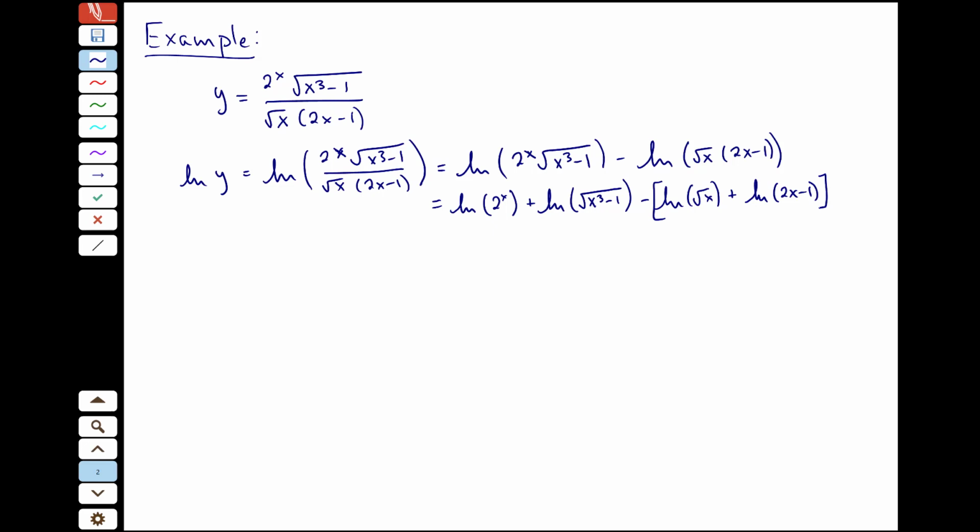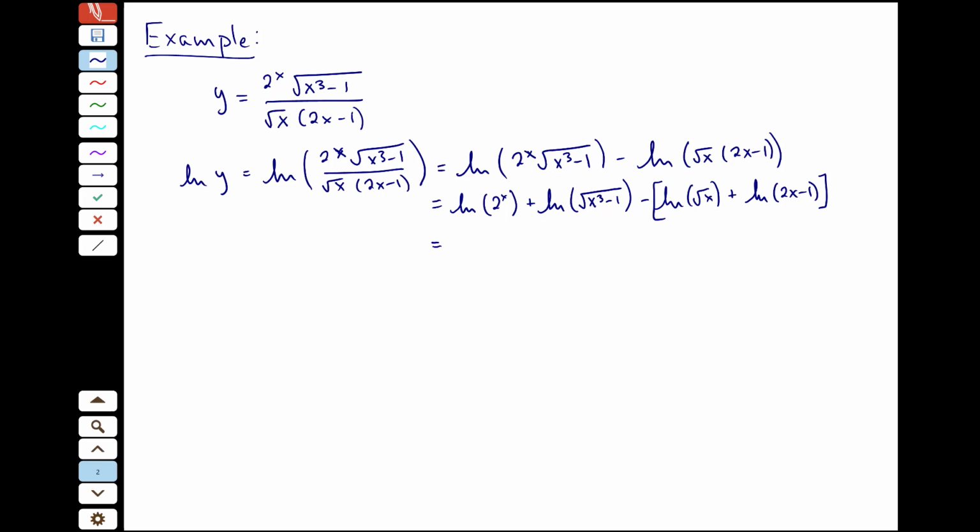Now the last thing that I'm going to do is I'm going to remember that square roots are things raised to the 1/2 power. So I'm going to bring that power down in front of my logarithm, and I'm also going to bring this x out of the exponent in my first term.